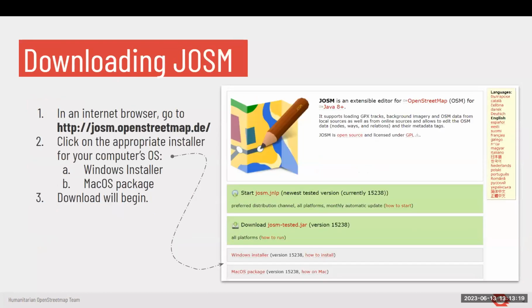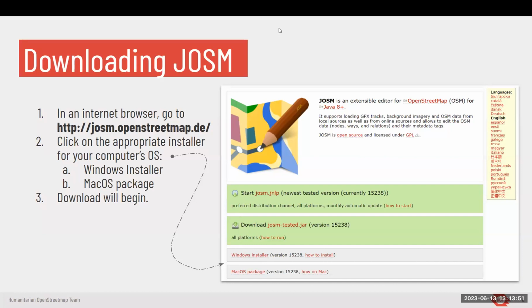You can download JOSM. There are some ways to download JOSM. If you like to have a standalone version, you can always download the Windows version. For example, if you are using Windows, you can go directly to this link, the Windows installer, and if you want another way to install it, you can use start.jnlp.